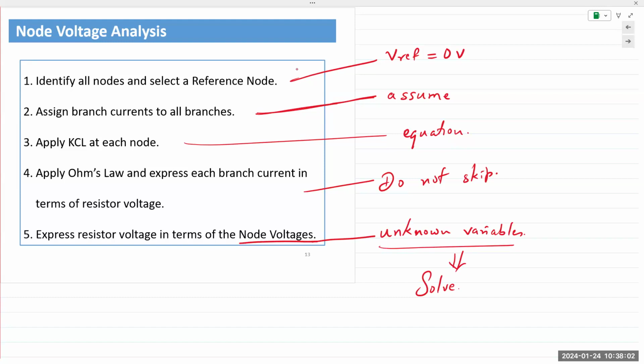Once you have those equations, you can solve them any way you want. You can use your programmable calculators. I solve them manually because I don't have a programmable calculator. My calculator is from the 90s. It still works. Again, feel free to choose any method you want. All right, questions?